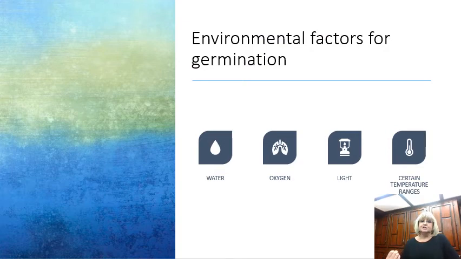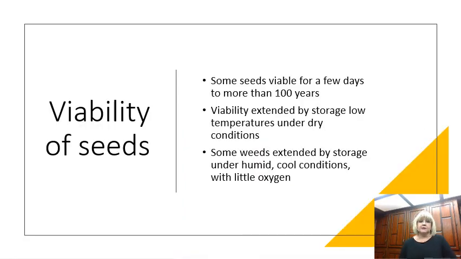And a seed will not germinate unless environmental factors, which include water, oxygen, light, and certain temperature ranges, are favorable for that particular plant, and they're not all the same. And seeds remain viable anywhere from a few days to some of them for more than 100 years.